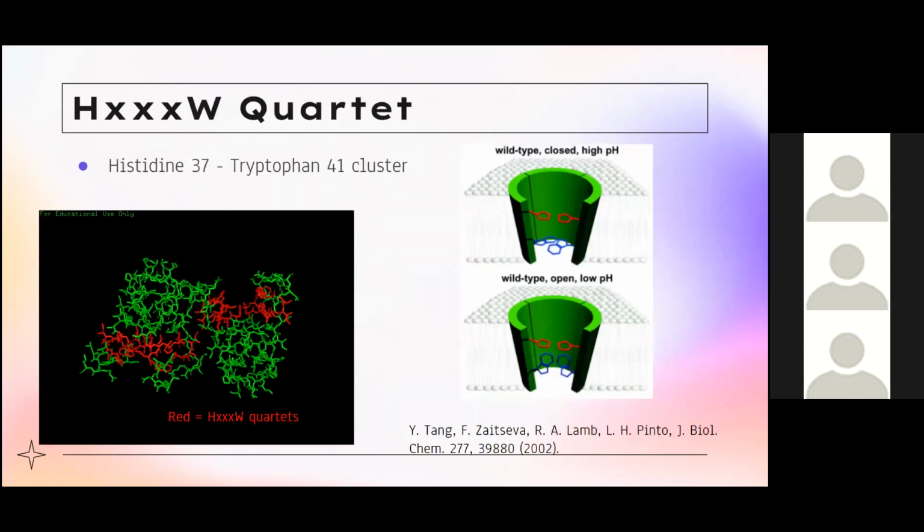So the place where the acid activation and proton conductance happens is the HXXW quartet, which is the histidine 37 to tryptophan 41 cluster. And the histidine 37 residues had pKa values around 8 and lower, meaning that the acid was relatively strong.